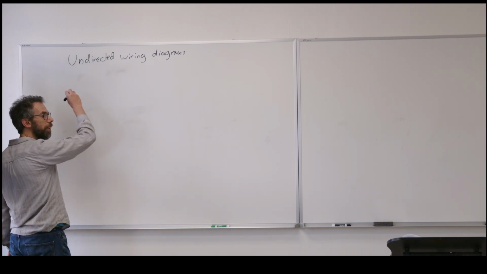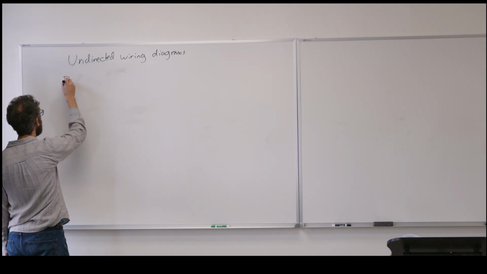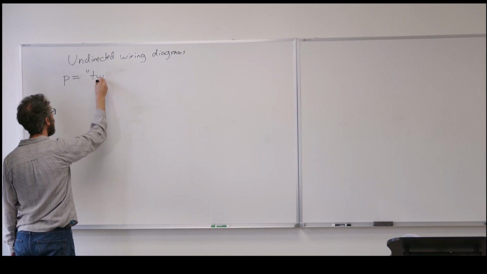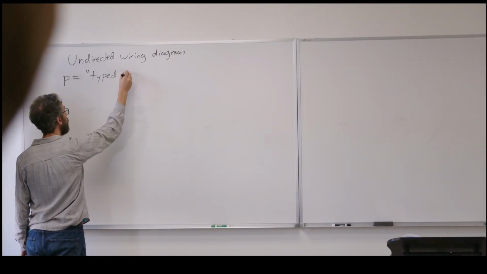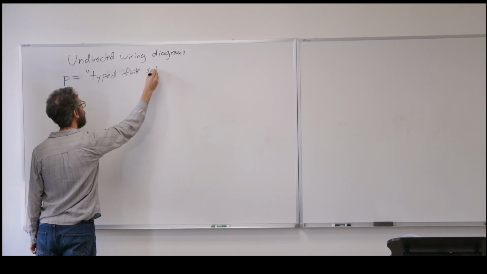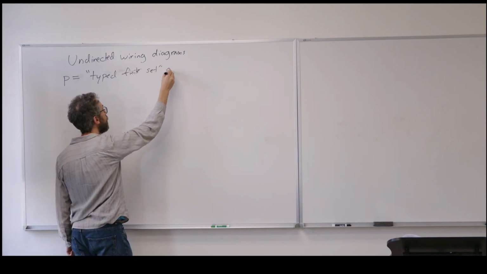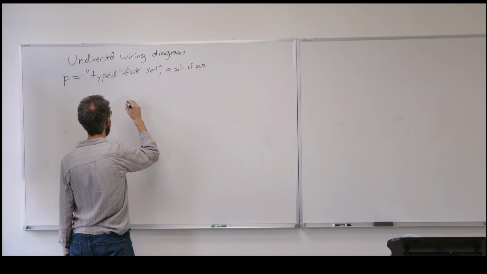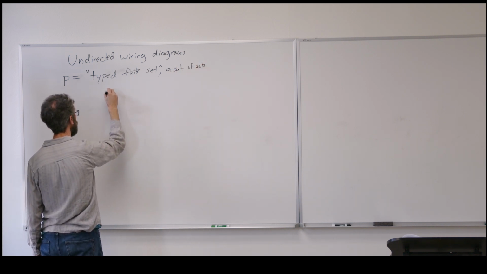So a polynomial, you can think of it as a typed finite set. But it might not be finite, but kind of a set of sets. So you could think of it like a bundle.